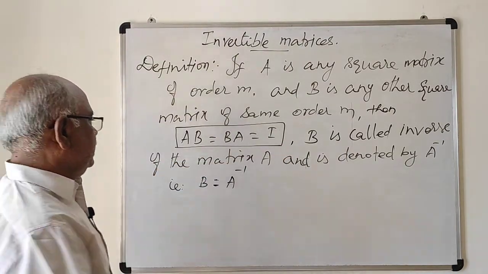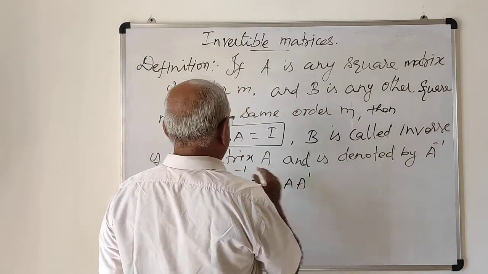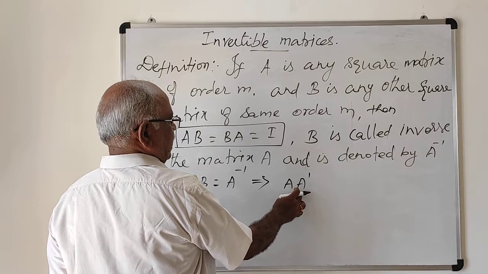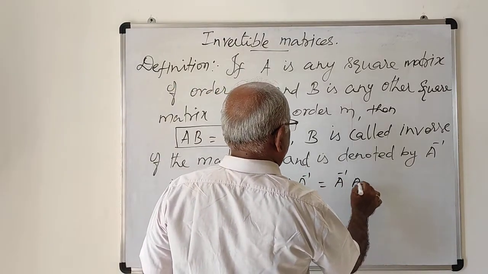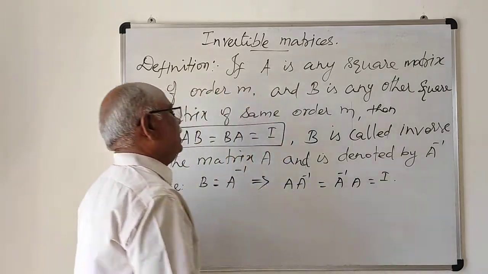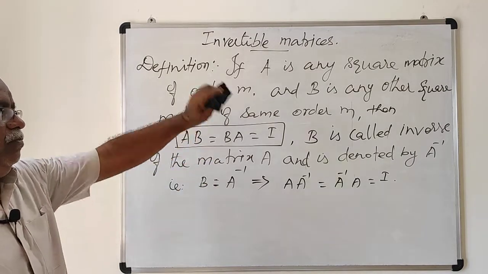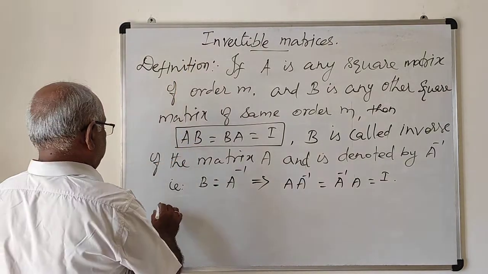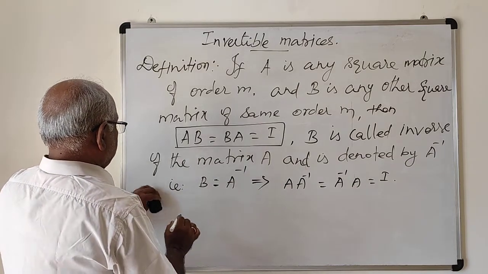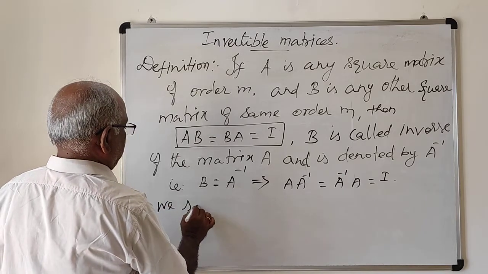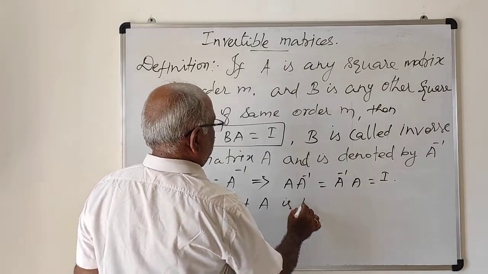Therefore, B equal to A inverse, and we can write A into A inverse equal to A inverse into A equal to I. In this case, we say that A is invertible.